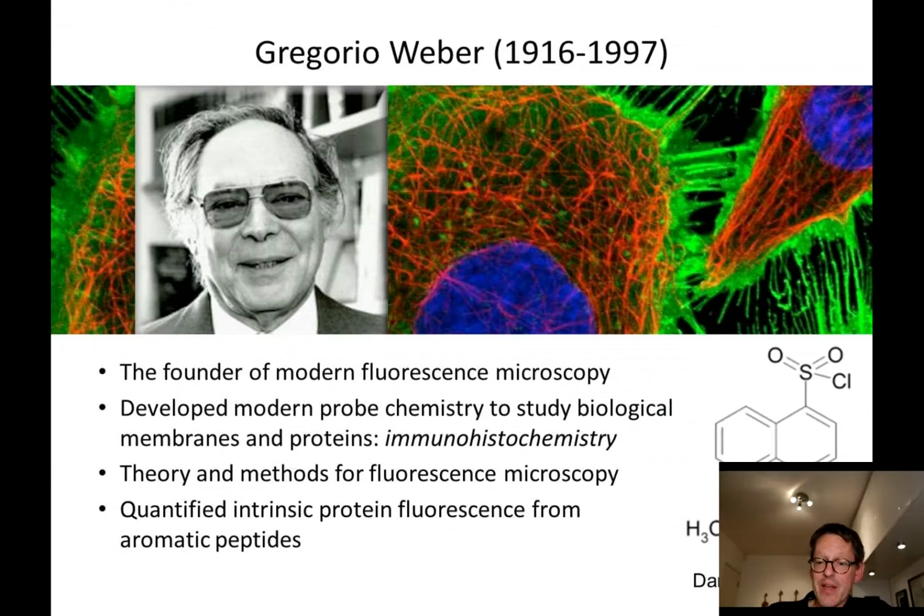He was the inventor of what is today called immunohistochemistry. What this means is that you label individual proteins in the cell using specific antibodies. These antibodies will bind only to the class of proteins that you are interested in, and by putting fluorophores on these antibodies, you get signals only from the proteins that these antibodies bind to.